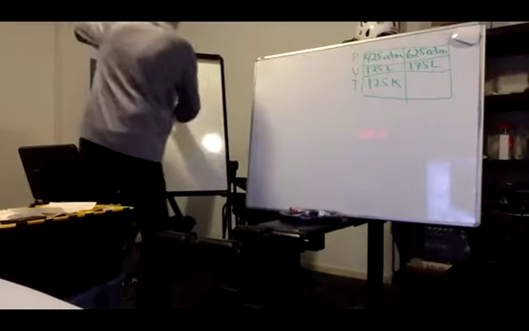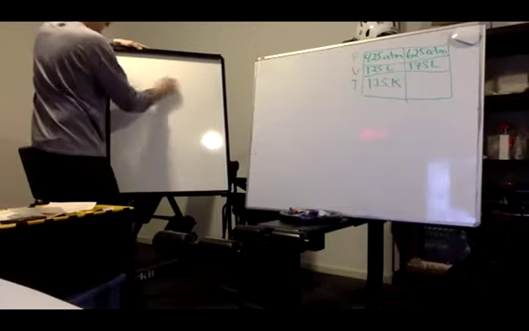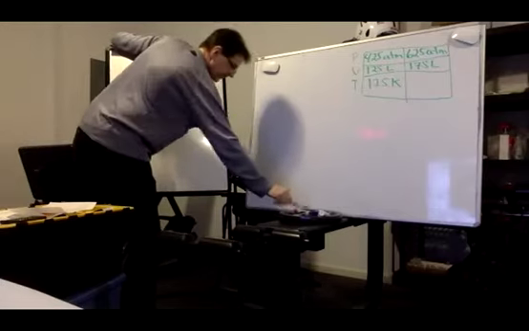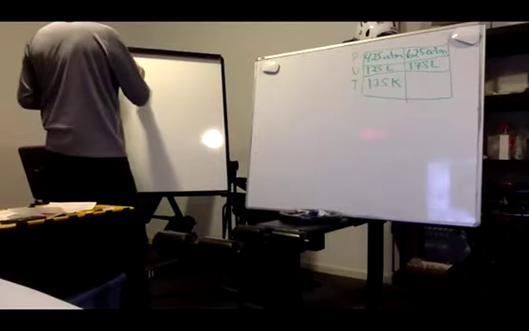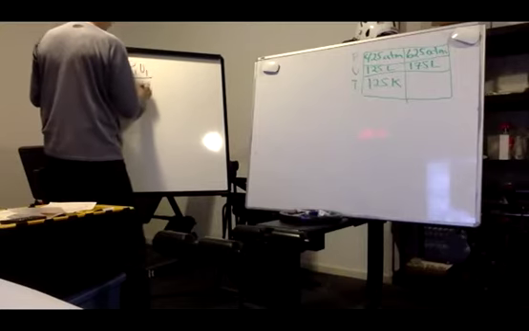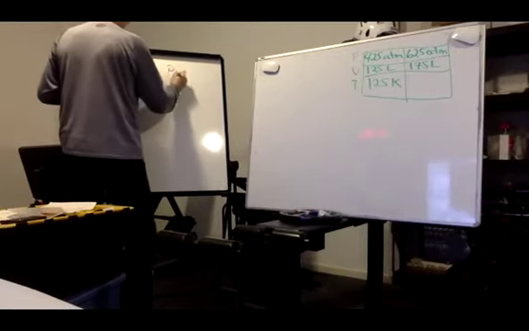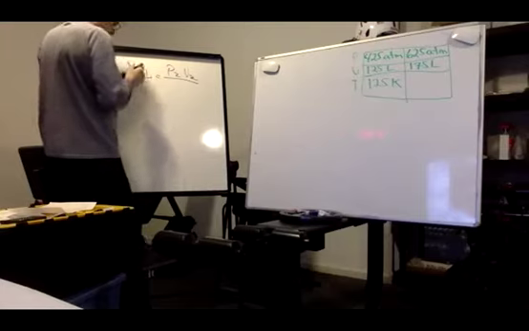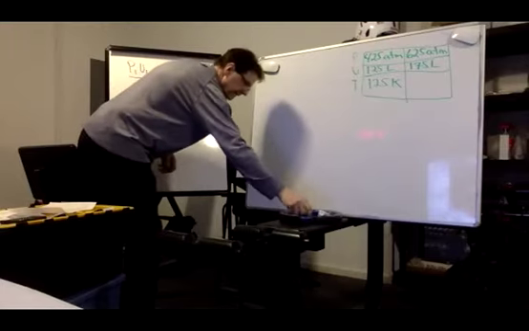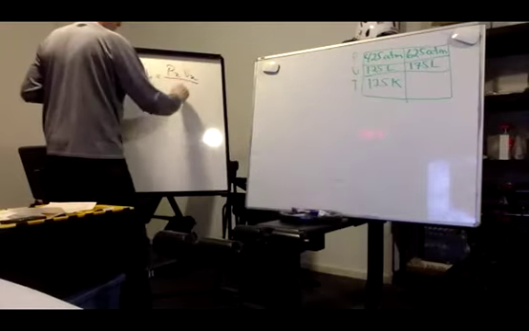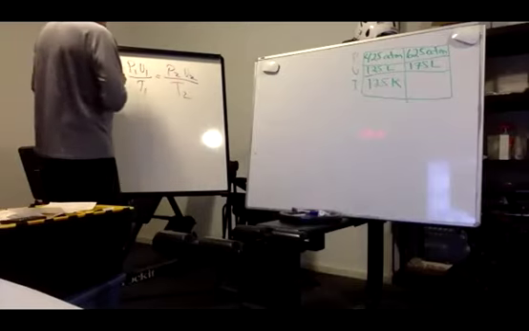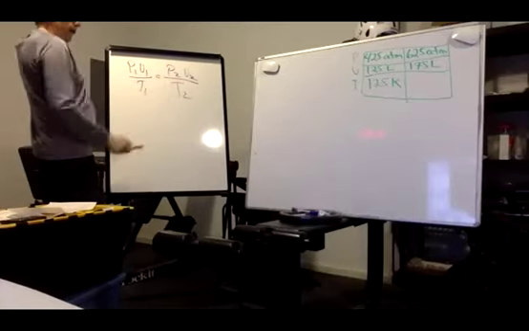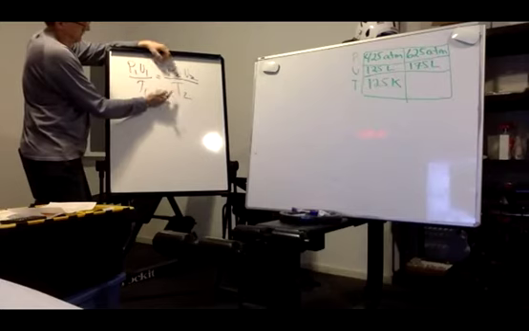So I go back to my root equation. T2. This is what I want, but it's on the bottom. So what I'm going to do is put it on the top.